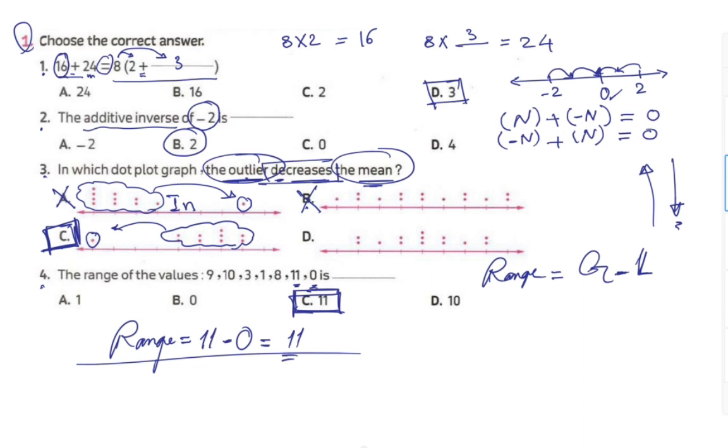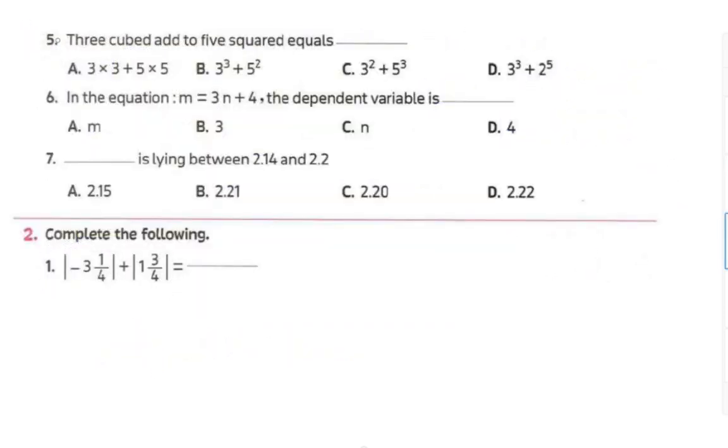Let's continue to the choose questions on the next page. We have question 5. 3 cubed added to 5 squared equals what? Okay, now I have a word problem or expression. I need to choose the right one from here.